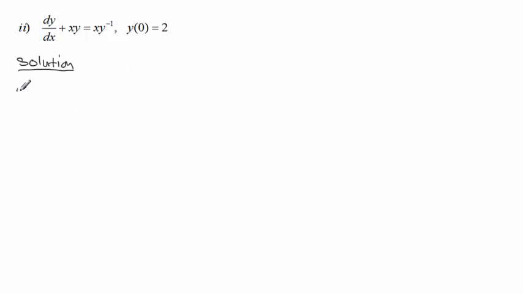So starting again in a similar way, we'll then say let our helping variable u be equal to y to the power 1 minus k. In this case, k is minus 1, which will give us y to the power 2.